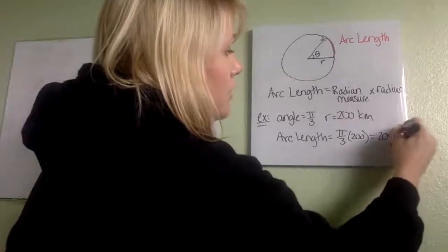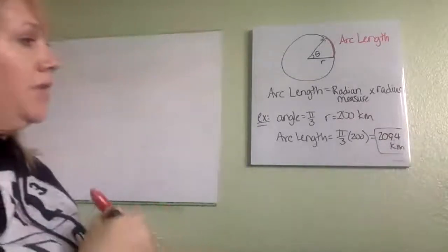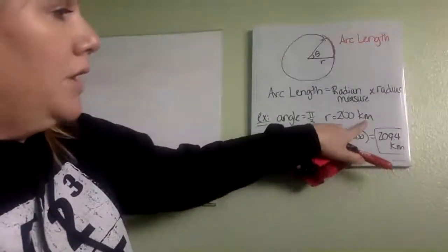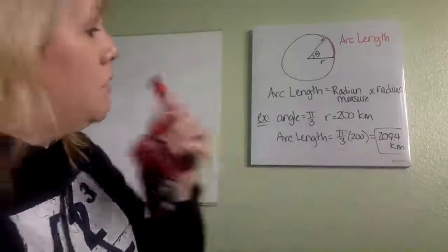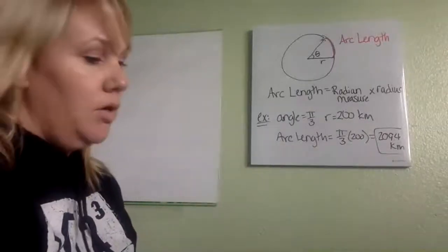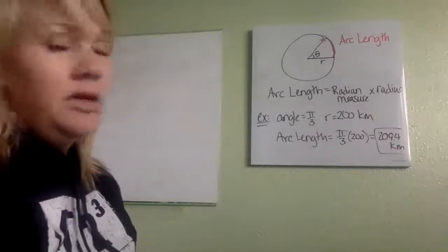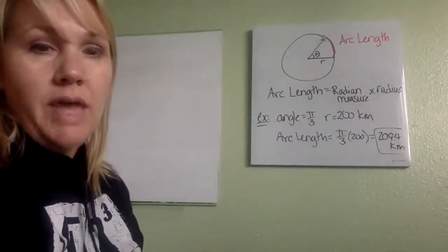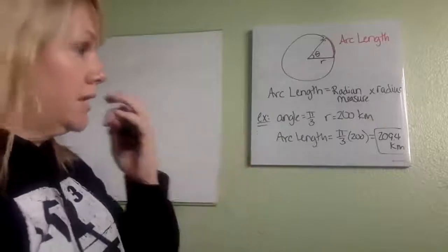And then make sure that you're labeling it with the correct units. If they give you units on the radius, that would be the same units for the arc length. So that's really all there is to it. It does get a little confusing if they don't give you the angle in radian measure, so I'll give you one of those examples as well.